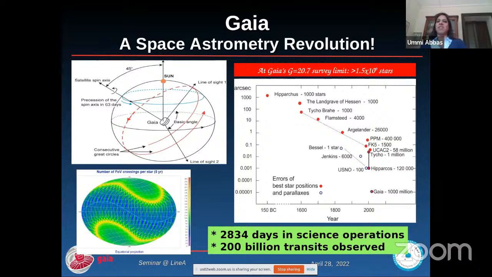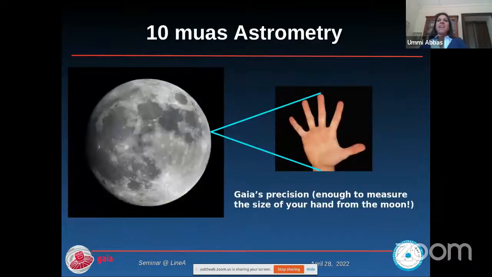Till this day, we are about 2,834 days in science operations, and we have about 200 billion transits observed so far. The 10 microarcsecond astrometry is essentially the size of your hand as seen from the Moon. That's the kind of precision we are talking about here.